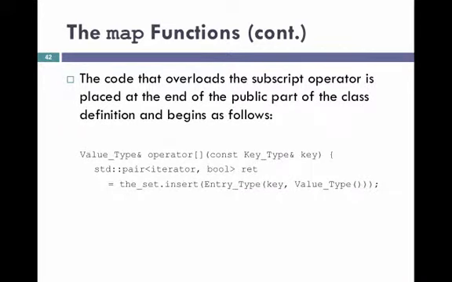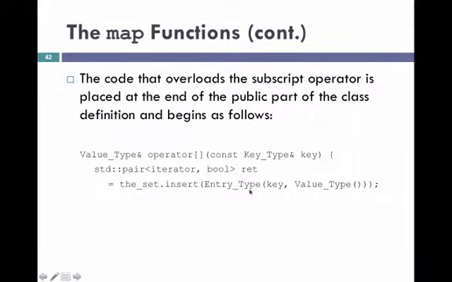Here's the code that overloads the subscript operator. It's placed at the end of the public part of the class definition, and it begins as follows. And this is rather complicated. So here we're overloading the operator. We take in a key as the parameter. It's a const reference. Now what happens here, we've got a call to the set.insert, and the set is the private variable in the map class.